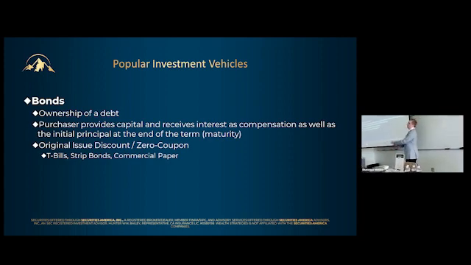It's that big win. Now, there is also something known as an original issue discount bond or a zero coupon bond. These are bonds that don't actually pay interest, but rather you buy them at a discount to full par value. An example would be a T-bill: if you wanted to buy $15,000 of T-bills, you're probably going to pay more like $14,500 or $14,000, and then you're going to get back your $15,000.